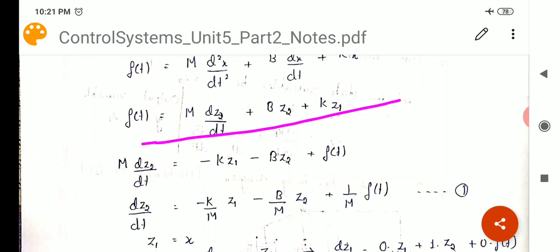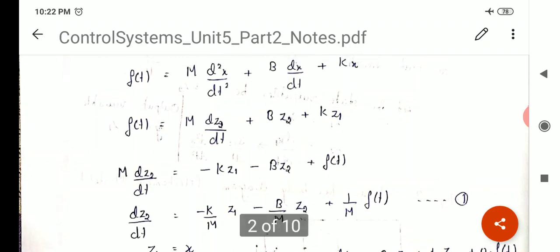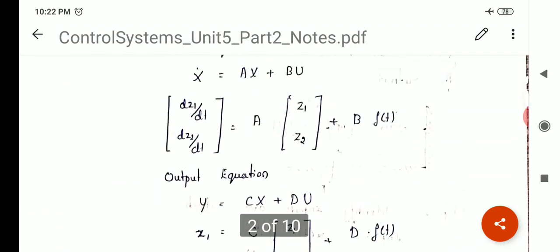As I said, write the equilibrium equation in terms of state variables and the input. We don't have any other terms here. m, b, k are the constants. The variables are only the state variables and the input, z1, z2 and f of t. Now what we want is the state equation.